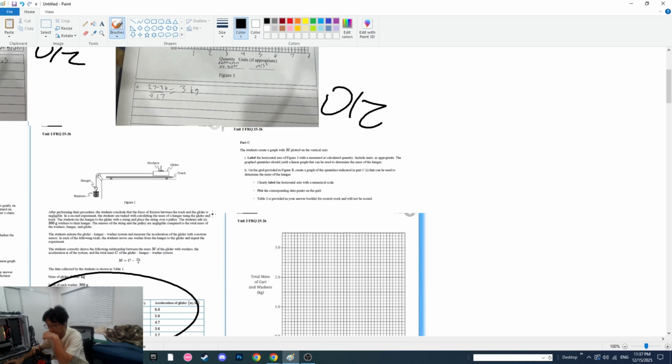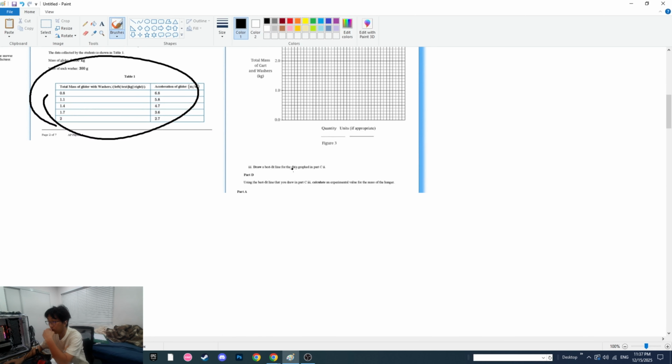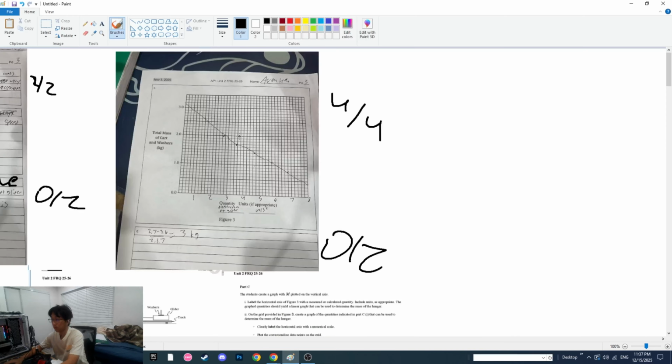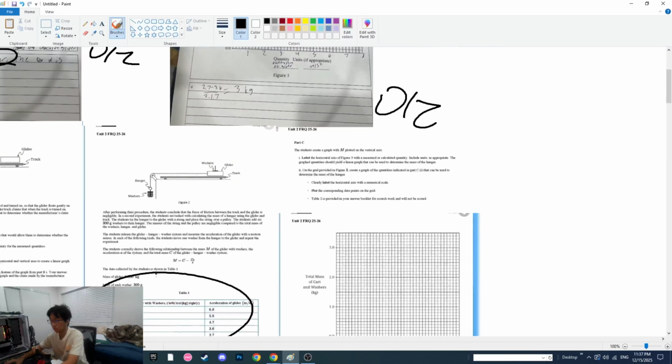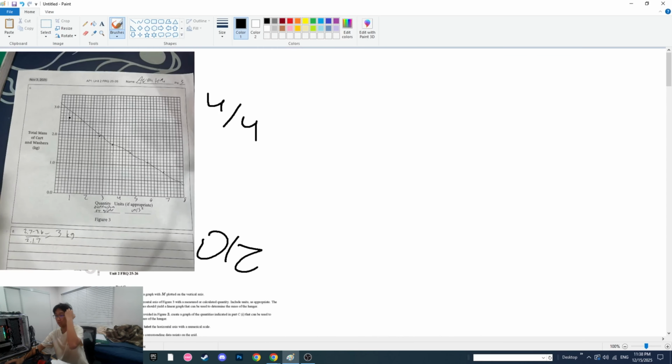And so for part D, we're asked to draw using the best fit line, calculate an experimental value for the mass of the hanger. So we could use this here. The mass of everything is equal to all this stuff in here.